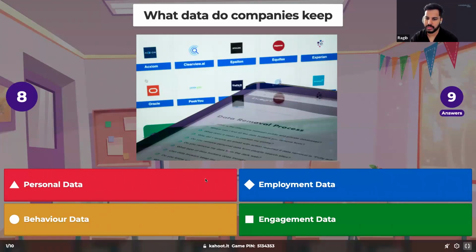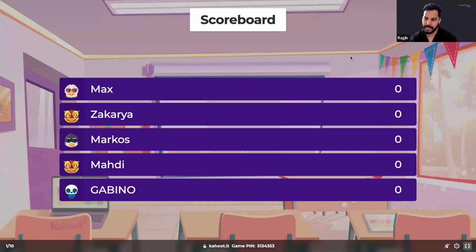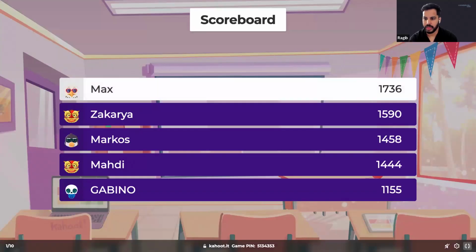Yeah, they keep all the information that we looked at: personal details, employee data, business data, and engagement data. So go to the next question. All right, Max is number 1.